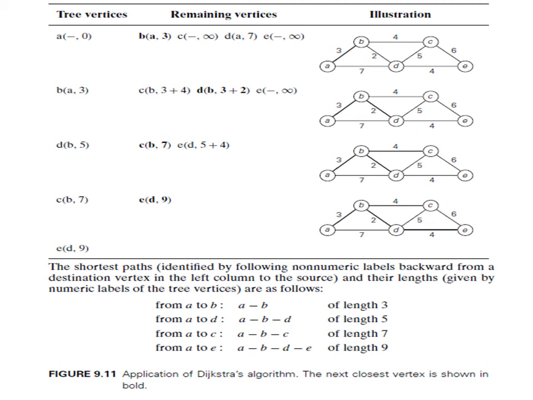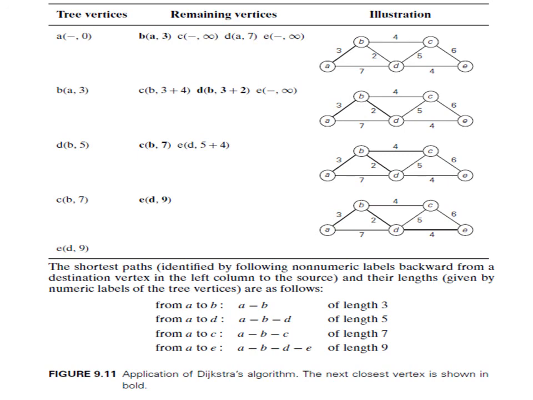So next path selected will be B to C, that will be added to the tree. Then the path is 7, that is from A to C is 7. Now the remaining vertex is E, so D to E, equal to 9, that will be selected here.